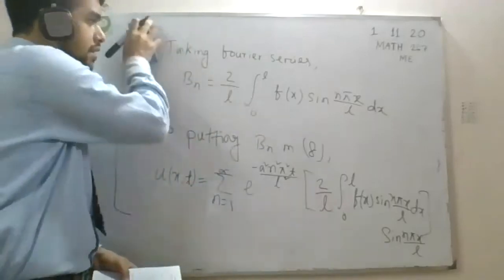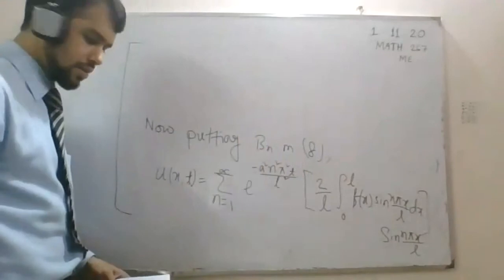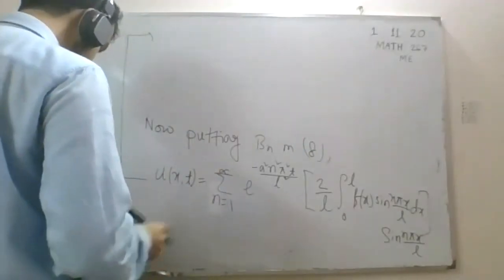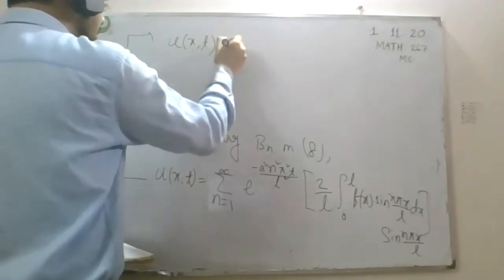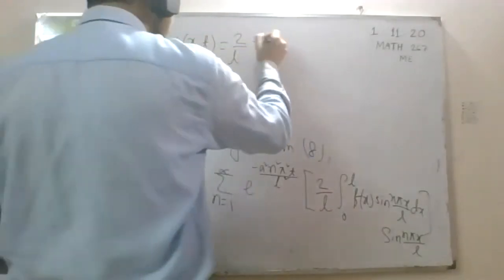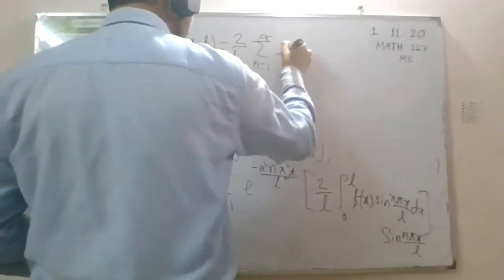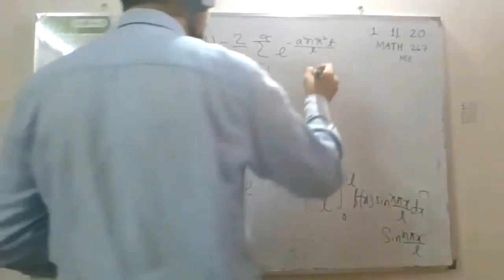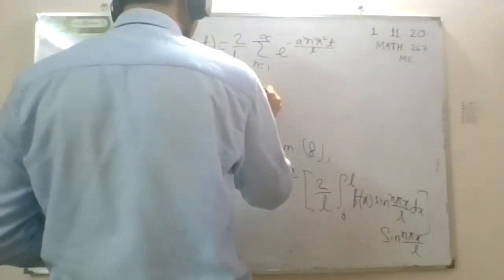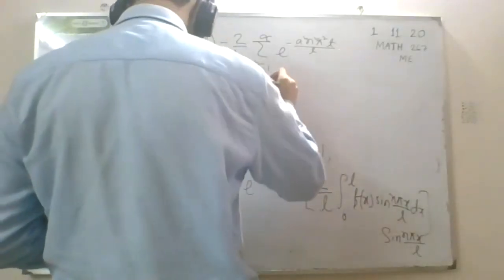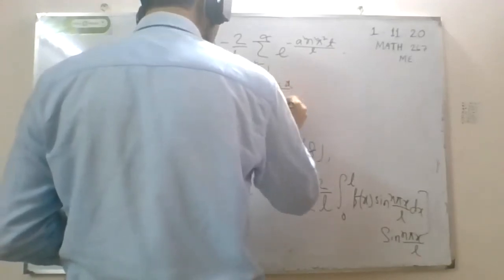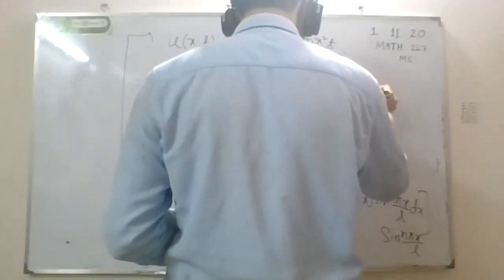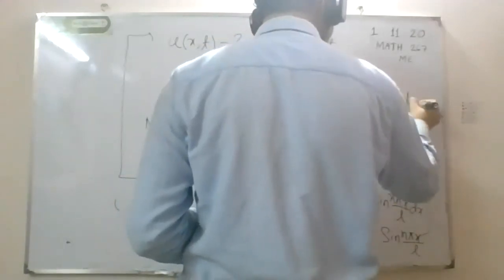So this is it. Now you can rewrite this equation, which is, so you can keep it just like this, but you can also rewrite it. u(x, t) equals 2 by l summation, divided by l, into sin, integral 0 to l, n pi x by l dx.